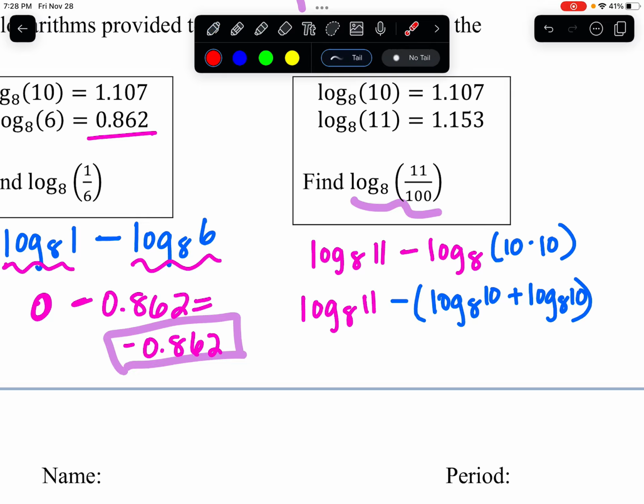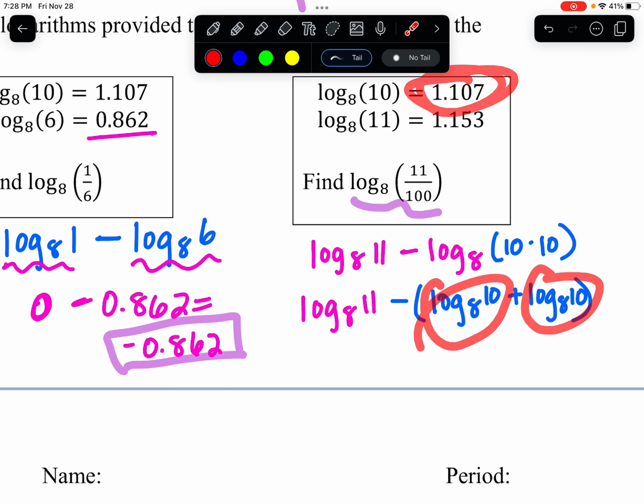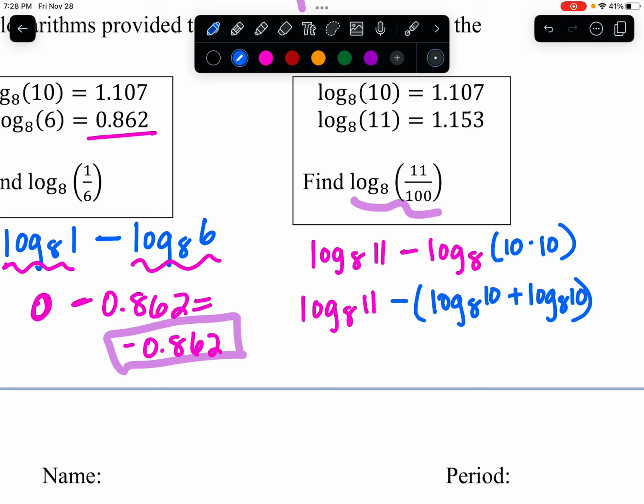Now I can substitute, plug in all of those values. So instead of this, I'm going to put this down. Okay, so now I have, let's do a different color, let's do green. I have 1.153 minus parentheses 1.107 plus 1.107. And I'm going to type it exactly like that on my calculator.